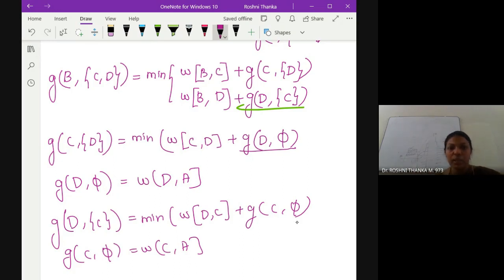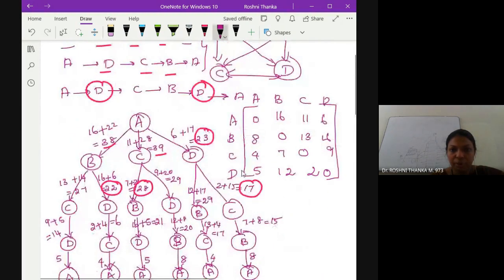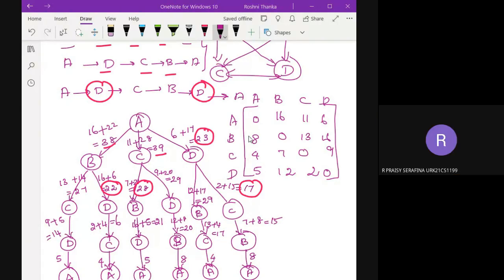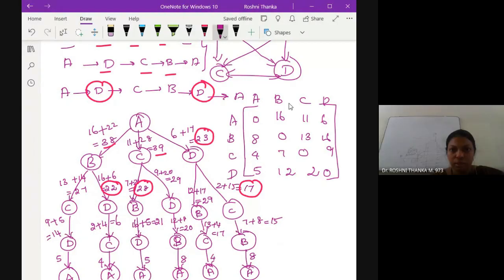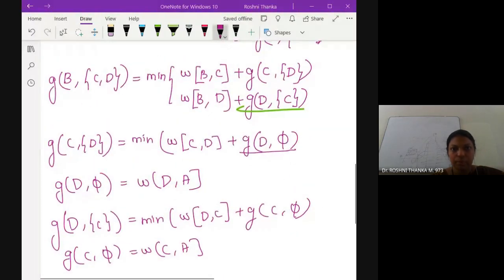Okay, so what is C comma A? What is the cost of moving from C to A? 4, ma'am. Very good. So the cost of moving from C to A is 4, and now we can substitute here.